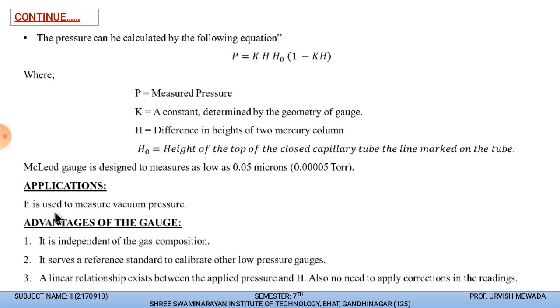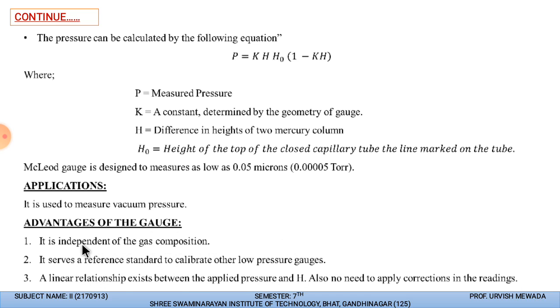It is used to measure vacuum pressure. This is one of the applications of the McLeod gauge, and the advantage of the gauge is that it is independent of the gas composition. So there is no adverse effect of the different gases that we use to measure the pressure of the unknown quantity, and it serves as a reference standard to calibrate other low pressure gauges.